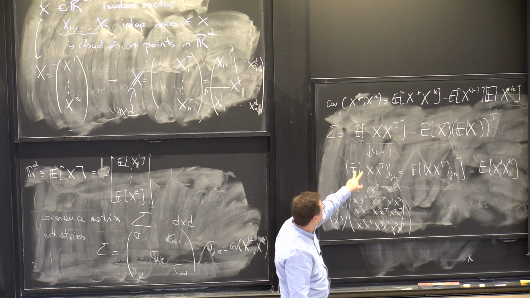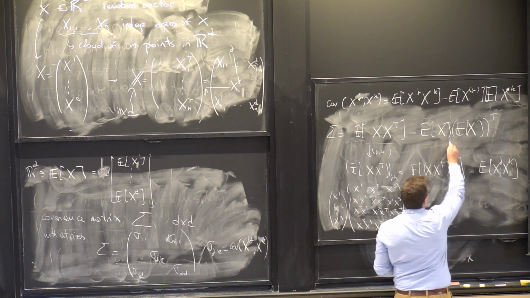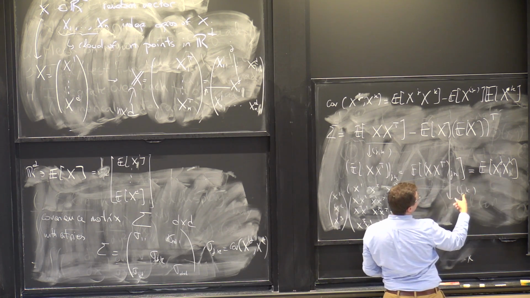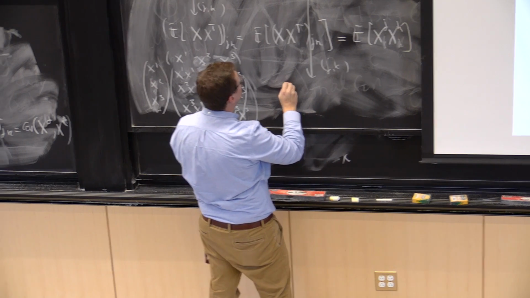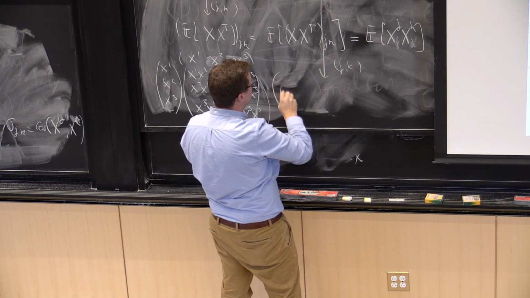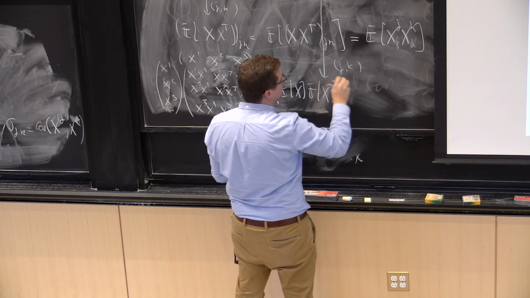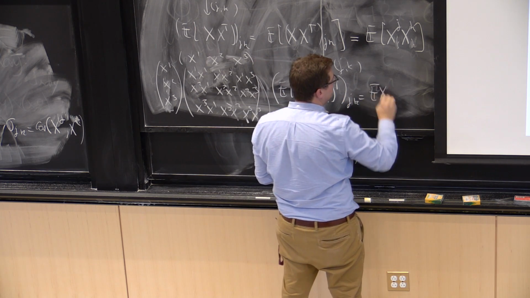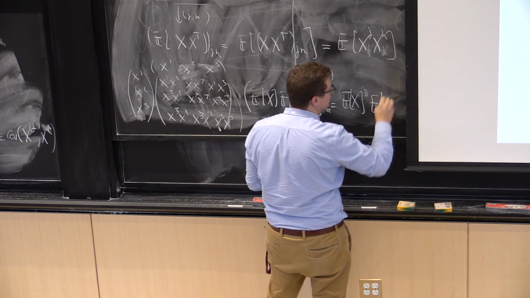So now once I have this, I can do exactly the same thing, except that here, if I take the jkth entry, I will get exactly the same thing, except that it's not going to be the expectation of the product, but the product of the expectation, right? So I get that the jkth entry of E of x times E of x transpose is just the jth entry of E of x times the kth entry of E of x.